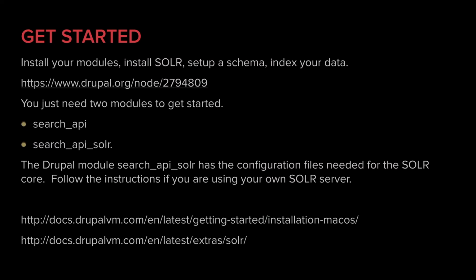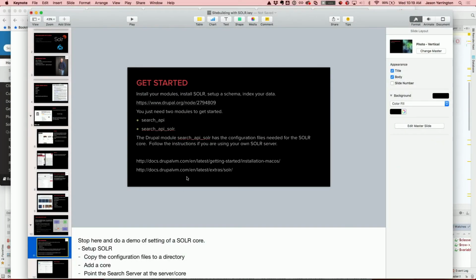You can do this with a hosted SOLR instance, and if you go to the Search API SOLR site on Drupal.org, they have lots of demos and lots of information. I'll do this really quickly with the idea that most of you have seen it, and the rest of you can go do this on your own. They also have full-blown Drupal VMs where, as you're installing the VM, you can also tell it to install SOLR and run it on the same machine. So let me break out for a second.